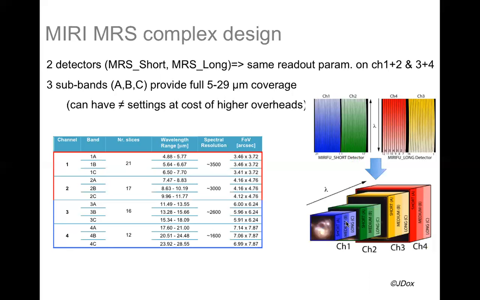So you have to choose a driver channel for the jittering and the mosaic. And all 4 IFUs must have the same exposure length, and channels 1, 2, 3, and 4 must have the same readout parameters.